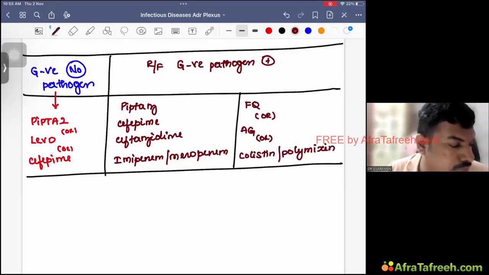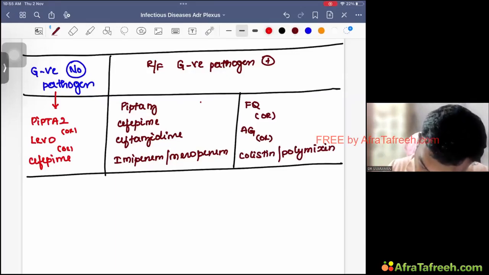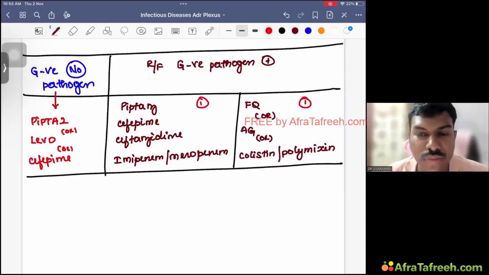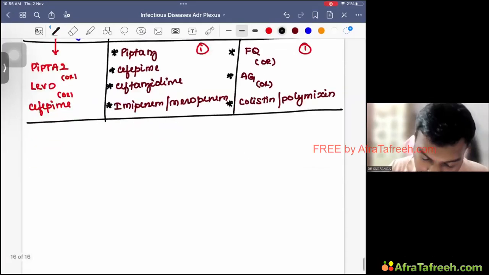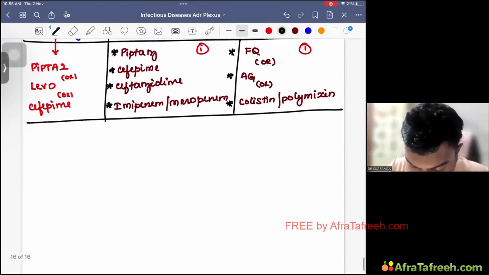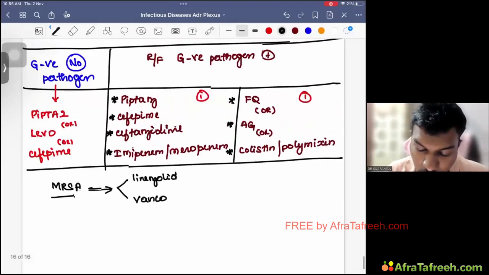So you select one from here, one from here. This is how you give treatment in patients with VAP. And if there is a risk factor for MRSA, then you go for linezolid or vanco.